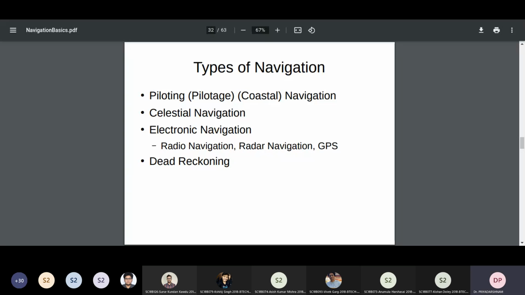There is something called pilotage or coastal navigation. You look at the familiar landscapes and then move. That was the historical one. Then there is celestial navigation, where if you are in the sea, you will be observing certain stars and then navigating. And then there is electronic navigation, where you use radar or GPS, or radio navigation is anyway related to both of them.